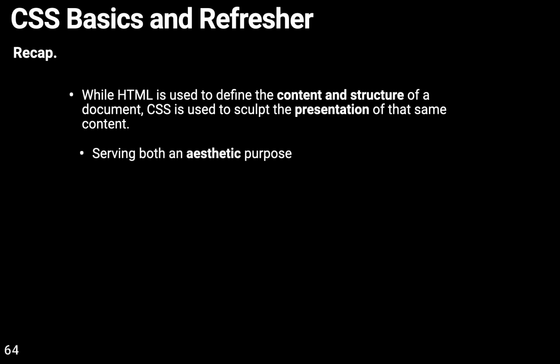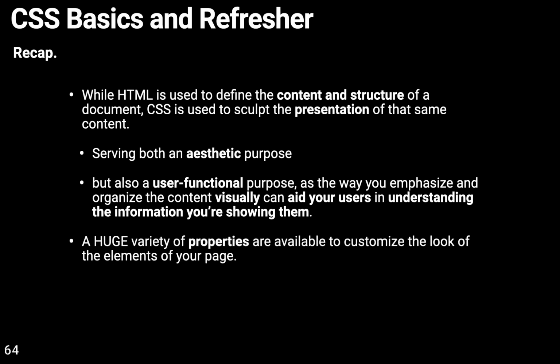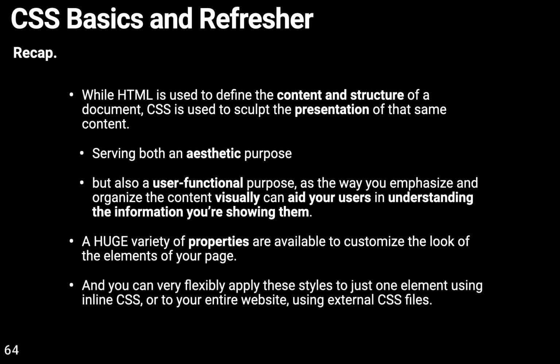Serving both an aesthetic purpose, just for the sake of having style, which is nice, but also a user functional purpose, as the way you emphasize and organize the content visually can aid your users in understanding the information you're showing them. Huge variety of properties are available to customize the look and elements of your page. And you can very flexibly apply these styles to just one element using inline CSS or your whole dang website using CSS files. And that's the up and down.